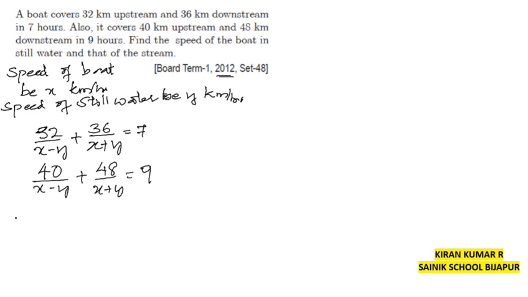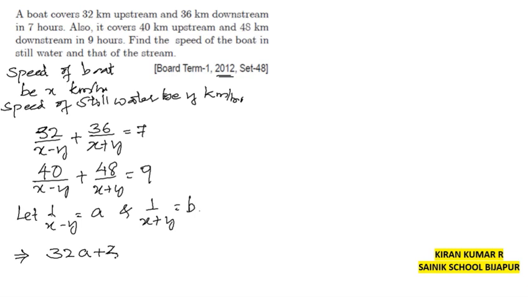Now, like the previous question, I'll consider, let 1 upon x minus y be a variable a and 1 upon x plus y be variable b. Therefore, the new equation obtained is 32a plus 36b equal to 7, and one more equation is 40a plus 48b equal to 9.